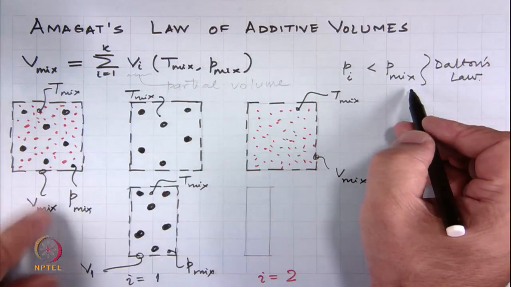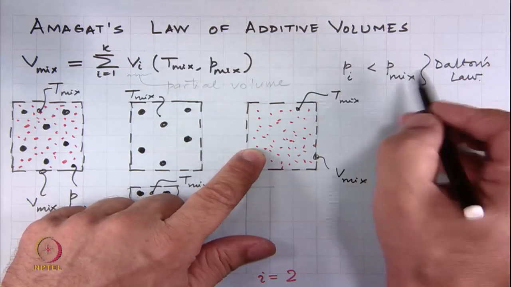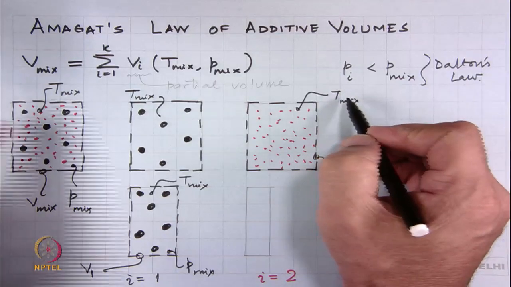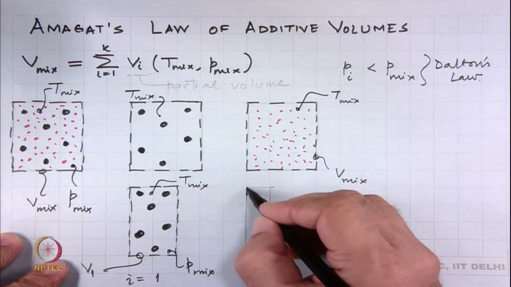But Amagat's law requires that this component should also be at the same pressure as the mixture pressure and the same temperature as the mixture temperature. For that again we will have to reduce the volume of this one.